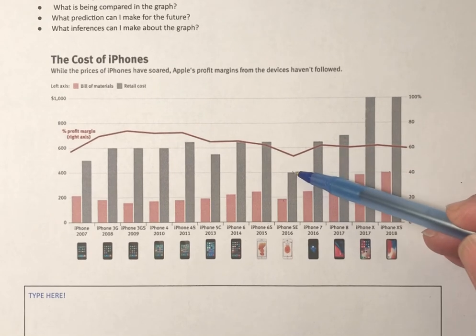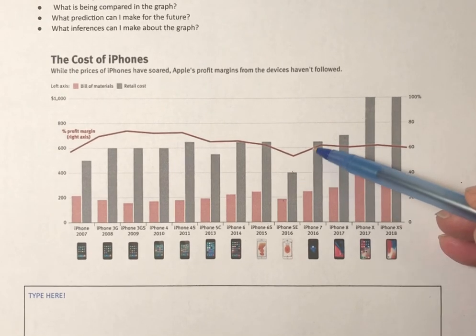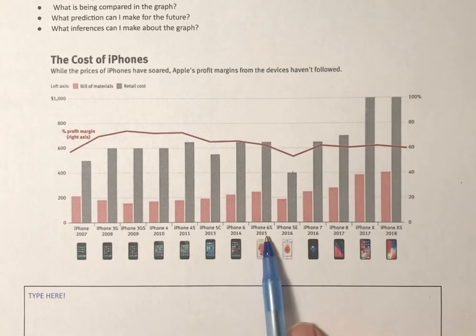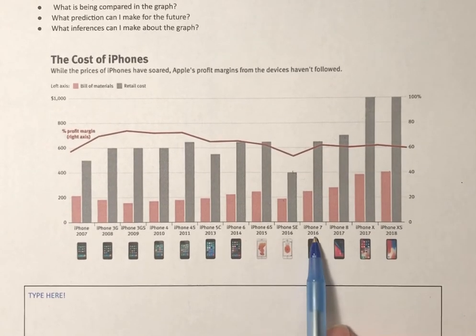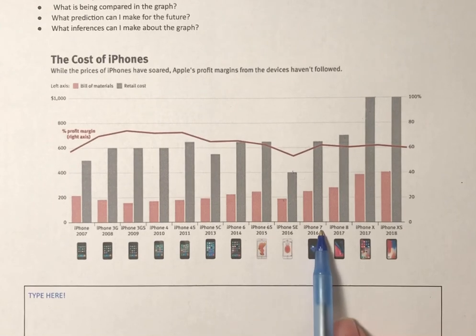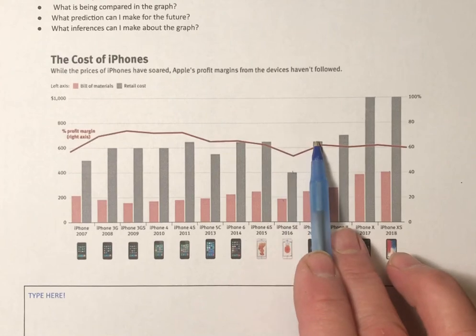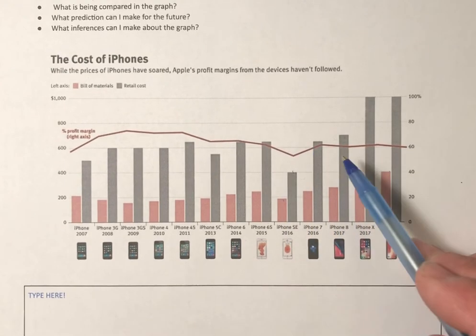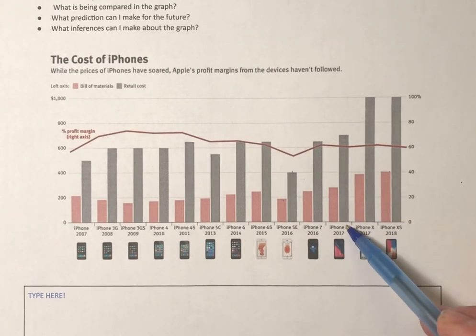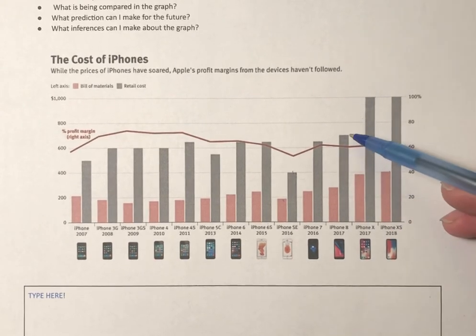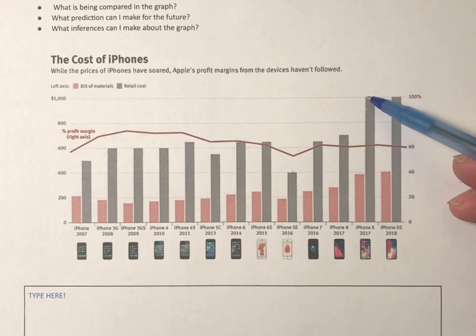And then there is a significant difference between these two. However, if you just compare 15 to 16 of the 6S and the 7, you can see that there's really no change here at all. From the 7 to the 8, a little bit of a jump, but I think you could very easily argue that this is a spike here. A spike is a significant change.